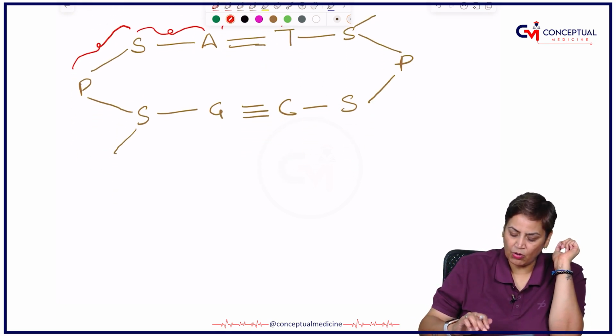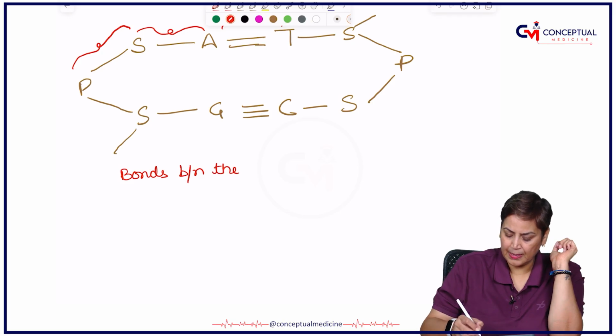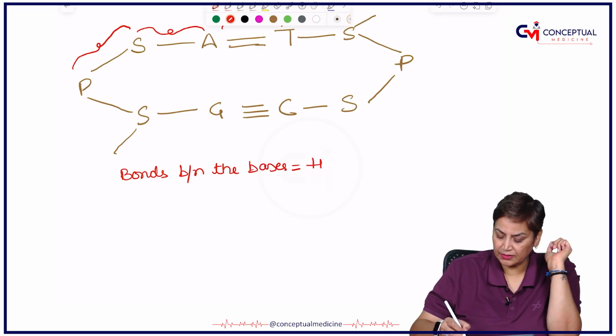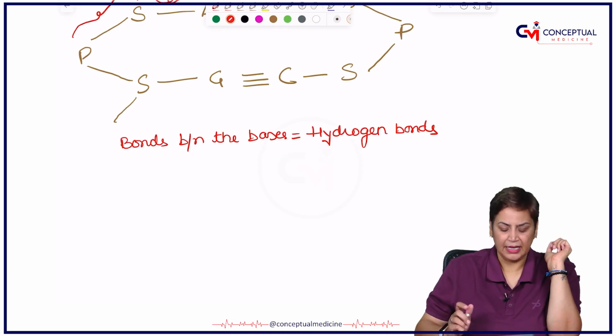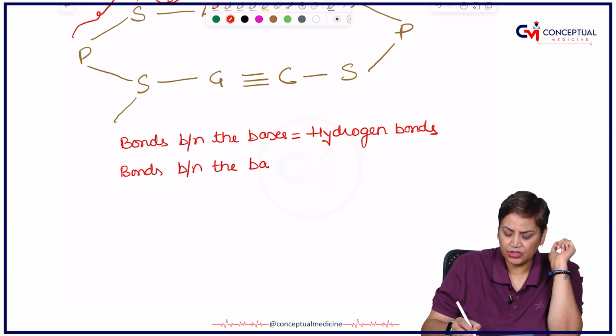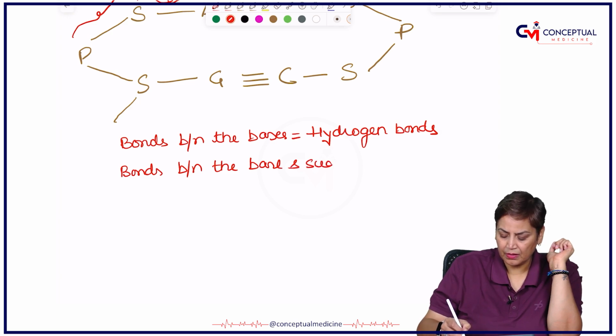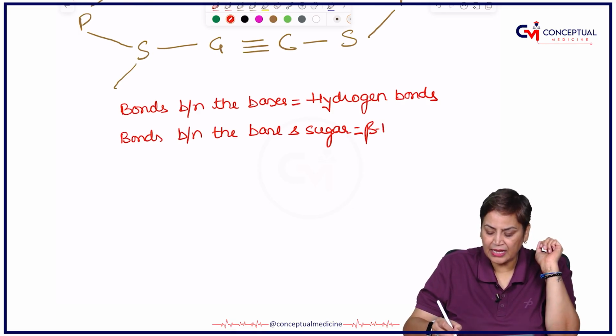The bonds between the bases are hydrogen bonds. The bond between the base and sugar is the beta N glycosidic bond.